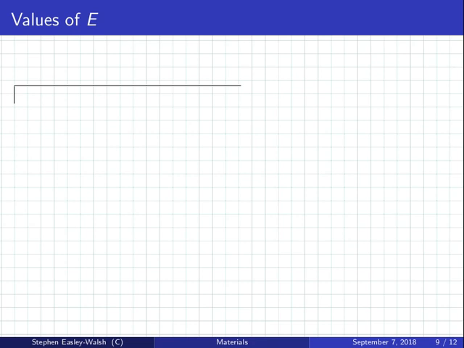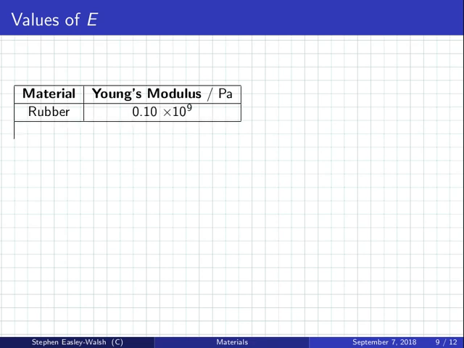So the same for Young's modulus. The first material is rubber. Rubber, you know, is very stretchy. So 0.10 times 10 to the 9 pascals.